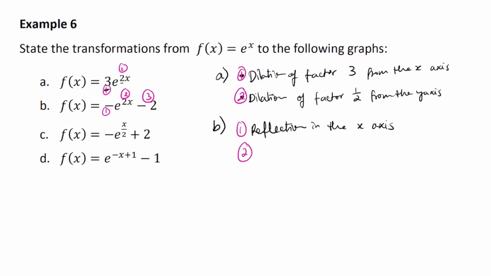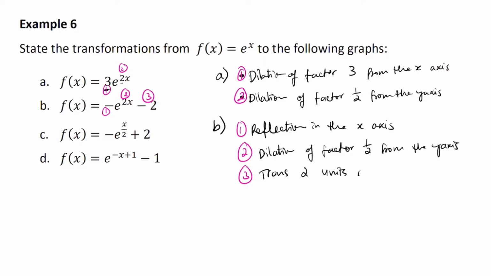Secondly, we're going to have a dilation of factor 1/2 from the y-axis because it's going to affect the x values. And finally, we have a translation of 2 units in the negative direction of the y-axis. That's going to affect our asymptote. Our asymptote would be at y = -2.